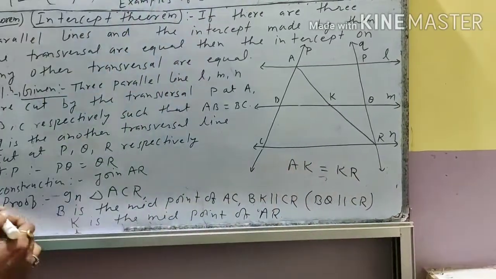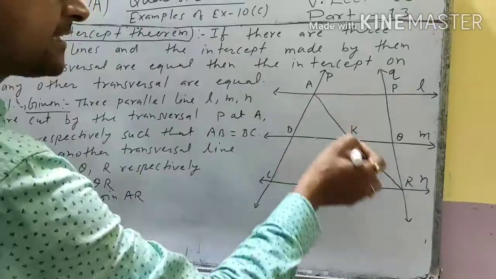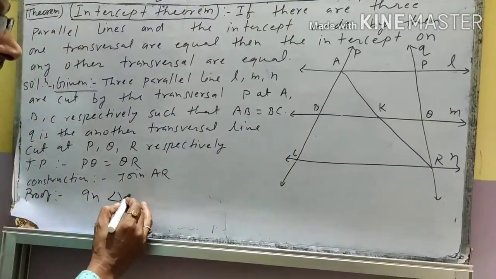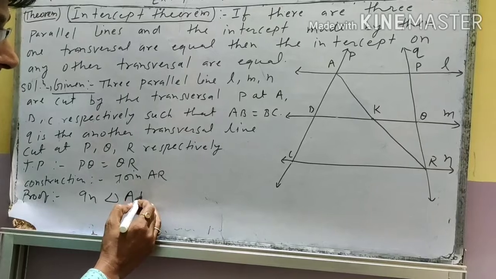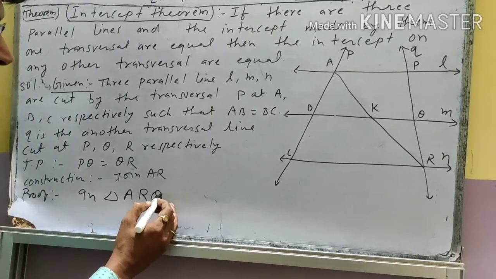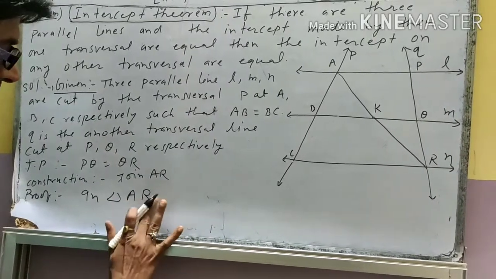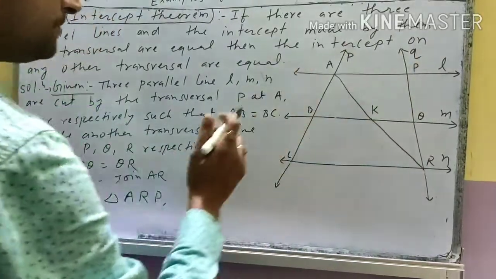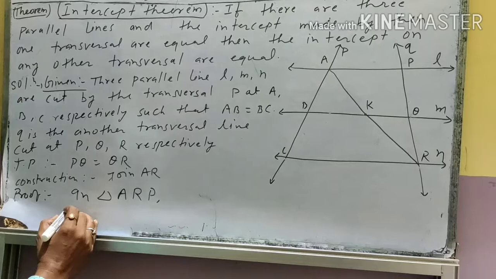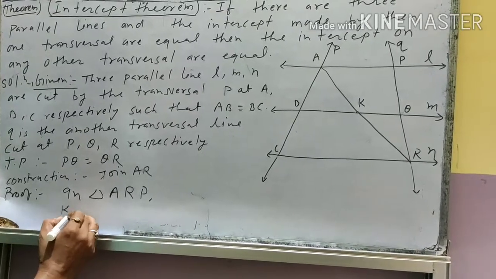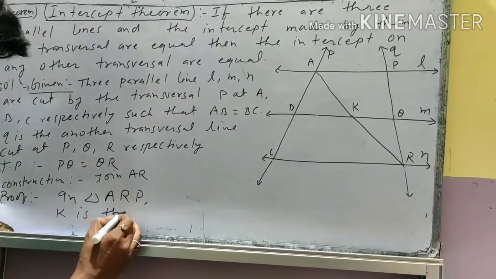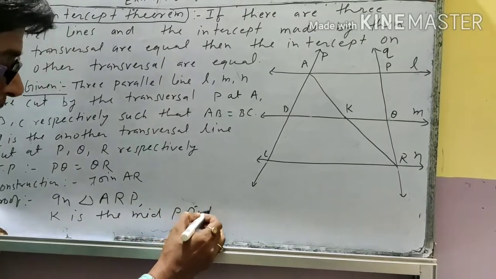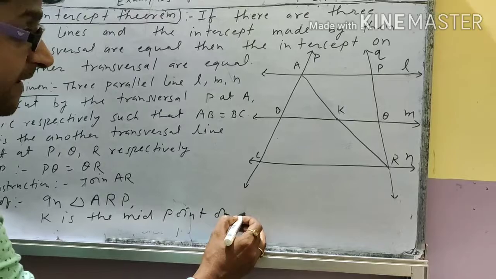Okay, student, after that, take another triangle. In triangle ARP, not Q, ARP. In triangle ARP, K is the midpoint of AR.